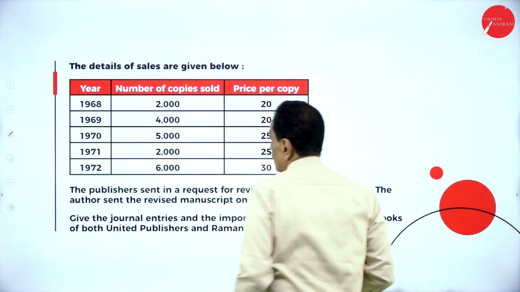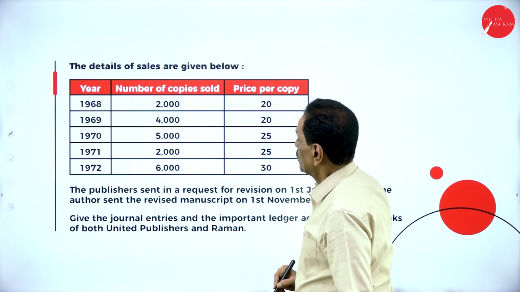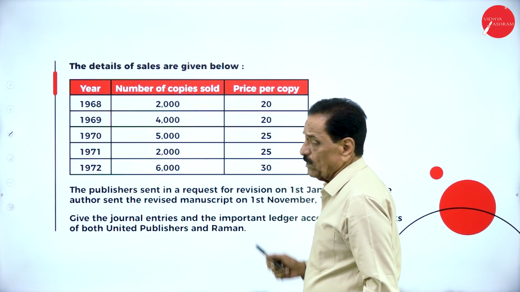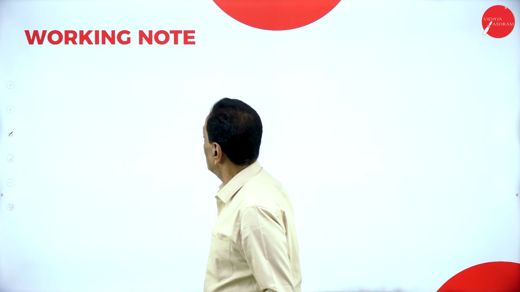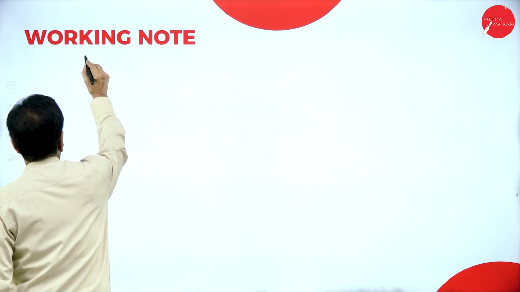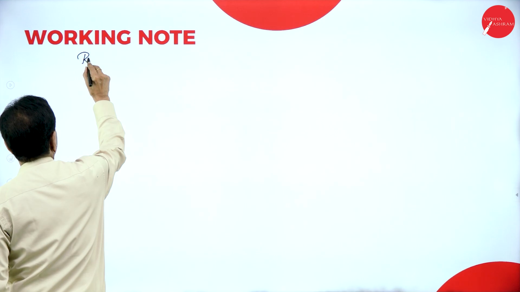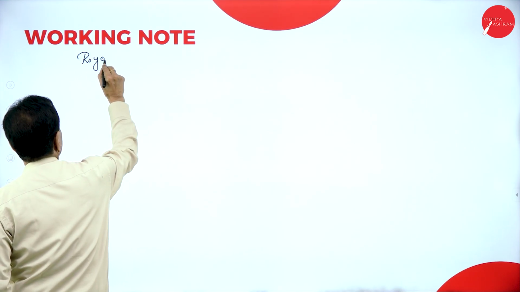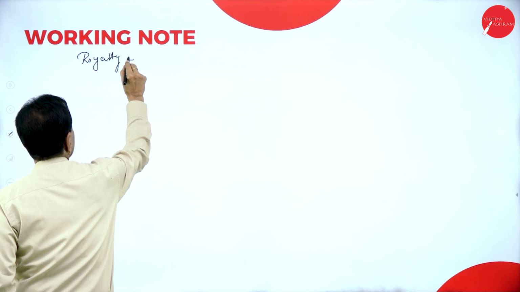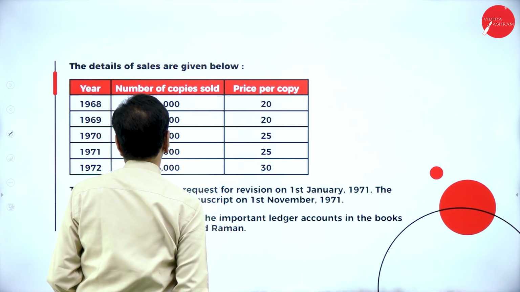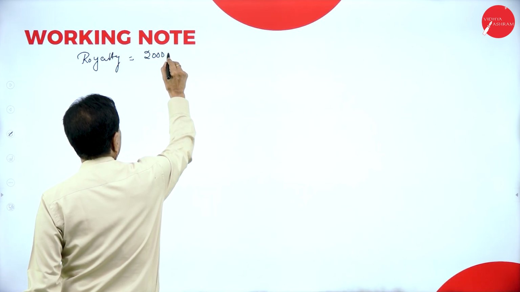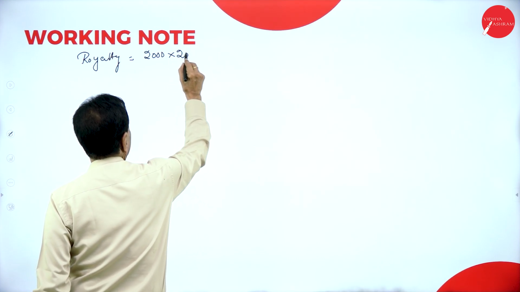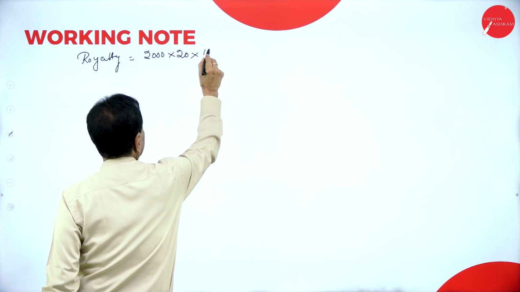Come back here. How many books published? 2,000. Per copy 20. On that, how many percentage? Number of copies 2,000 into 20 per copy into 15%.